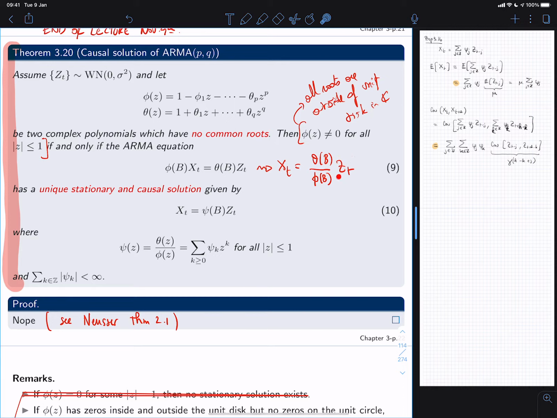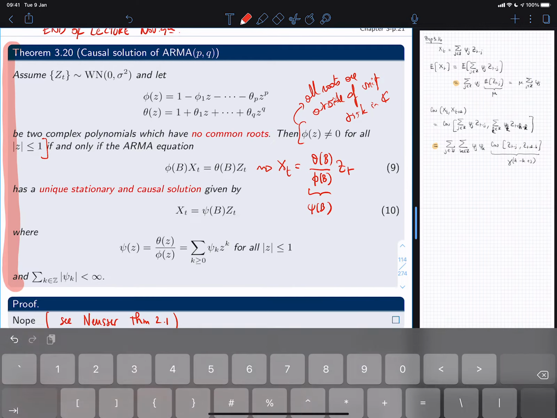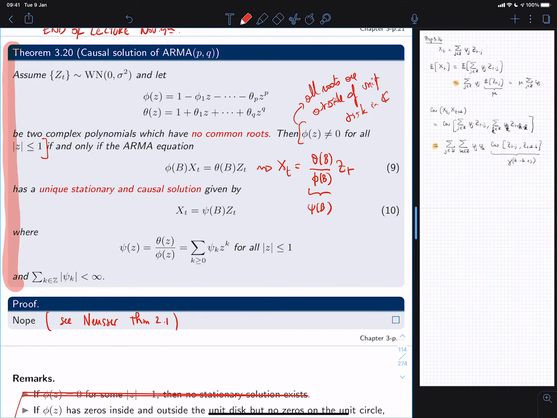And what we mean by this, so this I will call psi of B. What we mean by this is that your ratio of polynomials will have a series expansion. It will be an analytic function which converges.